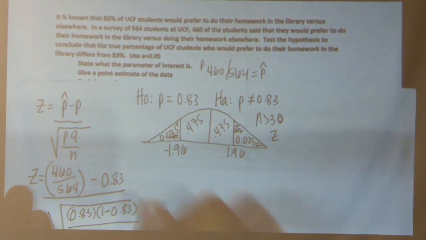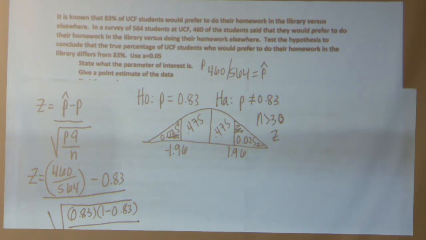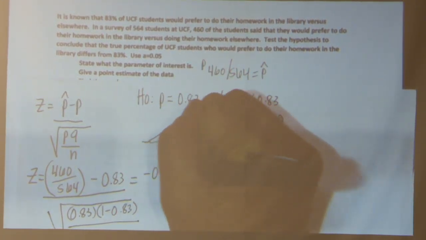Our n value is going to be the total value of 564 students. So we should get something around negative 0.037.